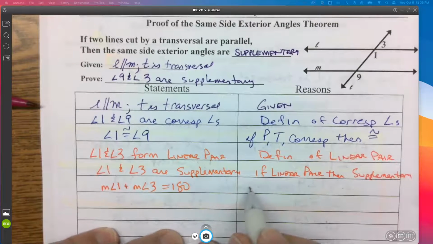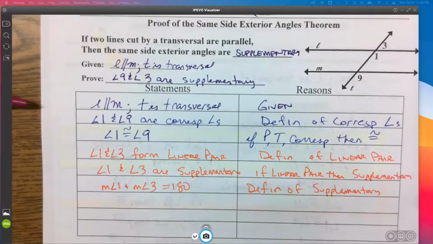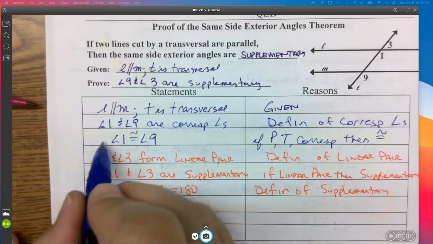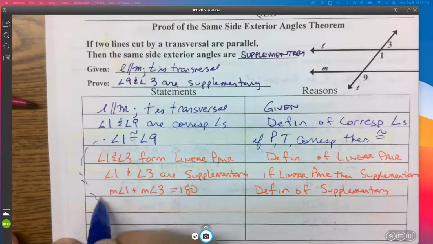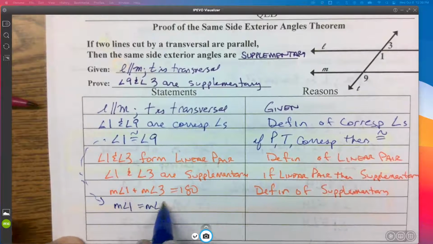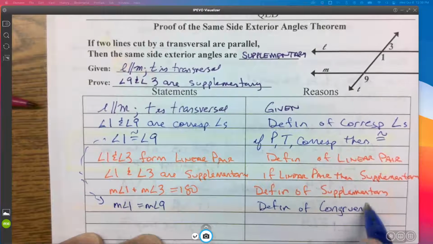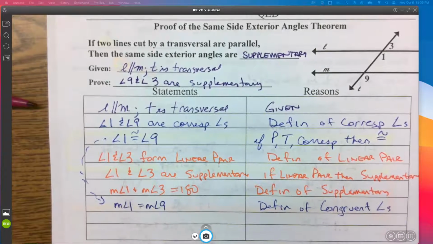That is the definition of supplementary. And then I'm going to take this one down here and say that the measure of angle 1 equals the measure of angle 9. That's the definition of congruent angles. If they're congruent, then their measures are the same.